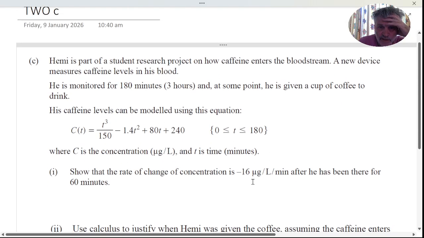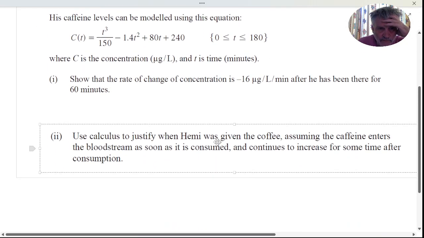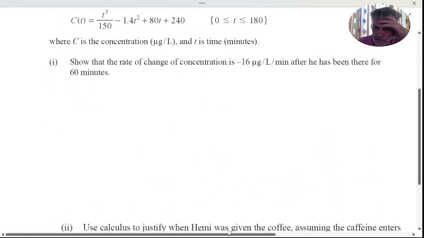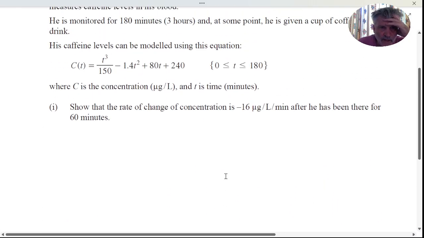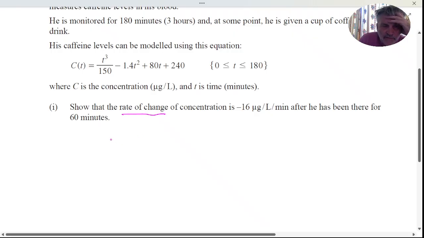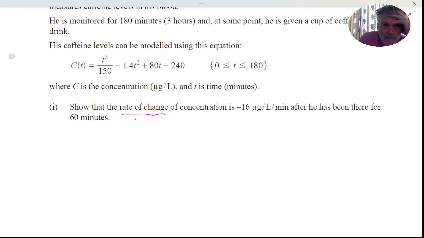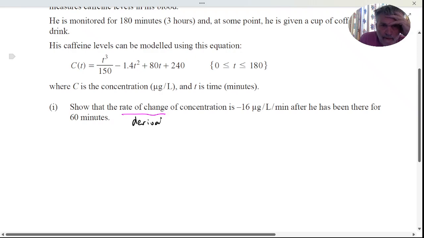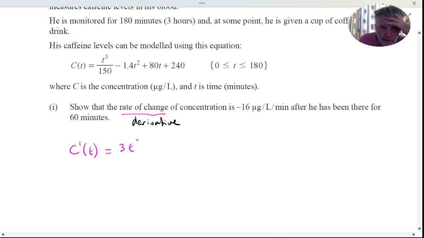The rate of change, that's the derivative. Let's just shift that down and give us some space to work. So we want the rate of change, that's the derivative. So we differentiate the concentration, that will tell us the rate of change. Multiply by the power, reduce the power by 1.